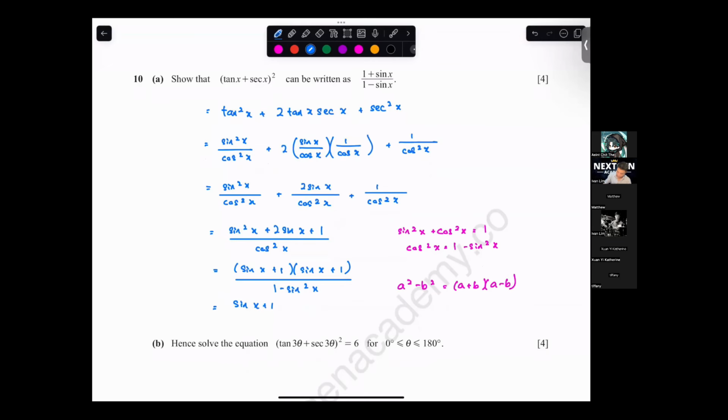So sine x plus 1, sine x plus 1 also, over 1 minus sine x, 1 plus sine x. Okay, so 1 plus sine x, both will cancel. Then you write in the form that they want: 1 plus sine x over 1 minus sine x. Right here. Shown. Okay, let the marker see. Show it.